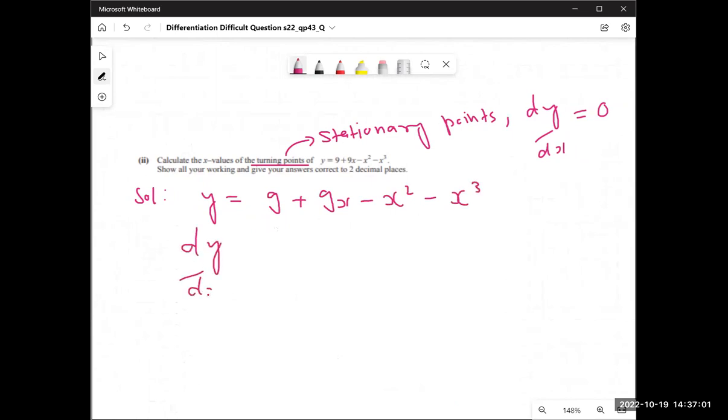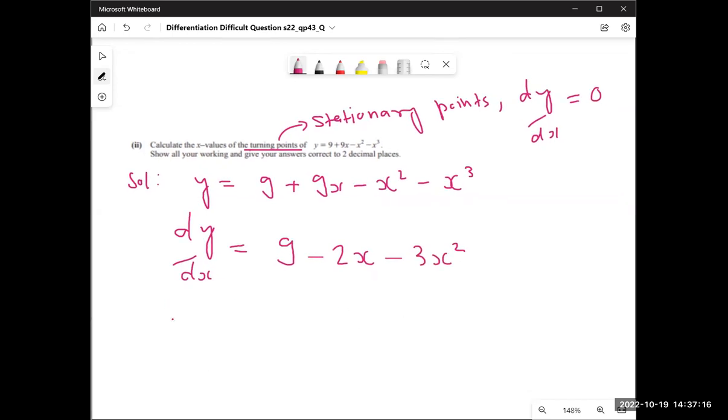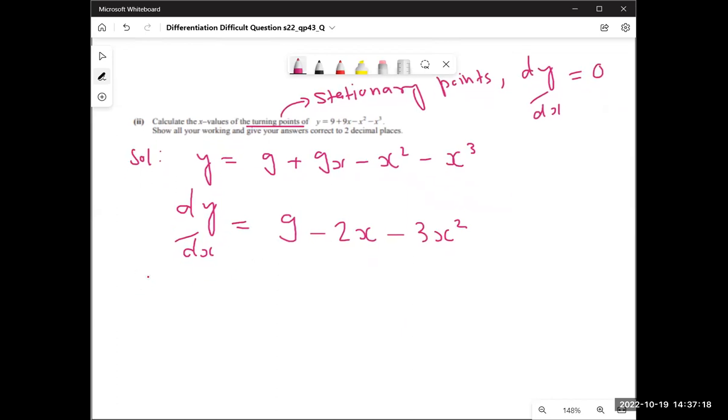Then I'll start manipulating it to get the answer. Now 9 will become 0, 9x will be 9, minus x squared will be minus 2x, and minus x cubed will be minus 3x squared.